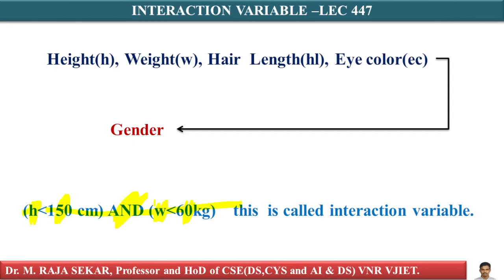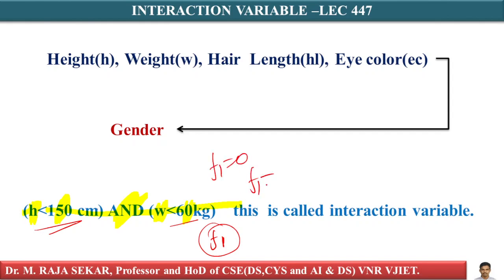So for any data point xi, if height is less than 150 centimeters and weight is less than 60 kgs, you create a new feature. Let me say that feature is f1. You get the value 1, or else your f1 may be 0.